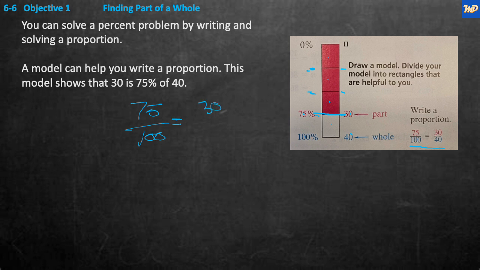And that is your proportion. It works out just fine, because this is exactly what we're looking to do. So 75%, which is what this stands for on the left, is equal to 30 over 40, which is also 75%. They're both the same.